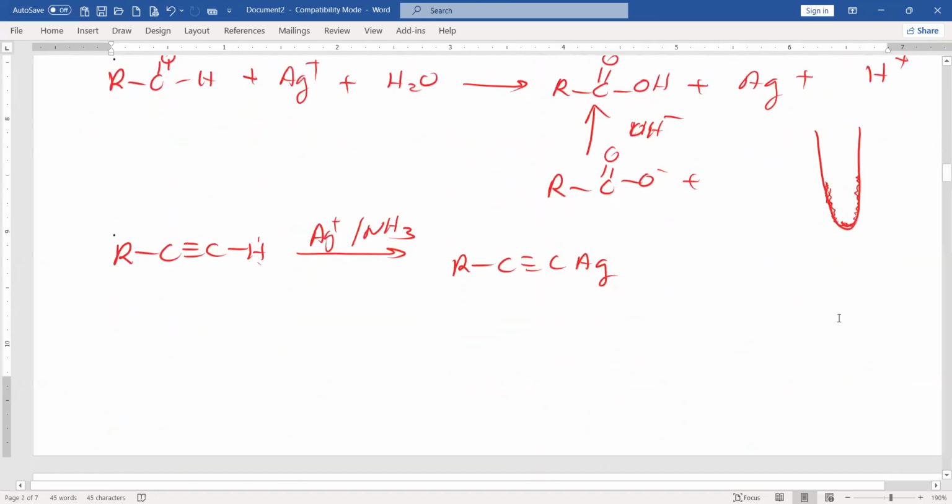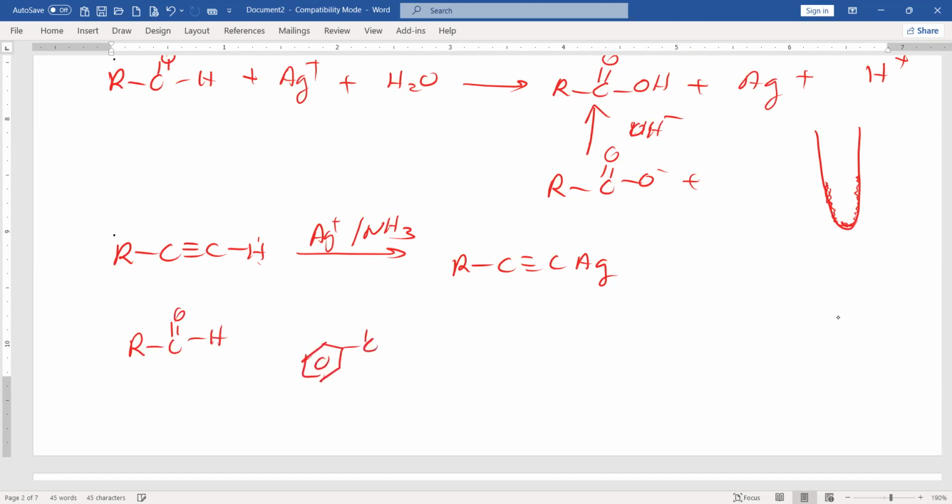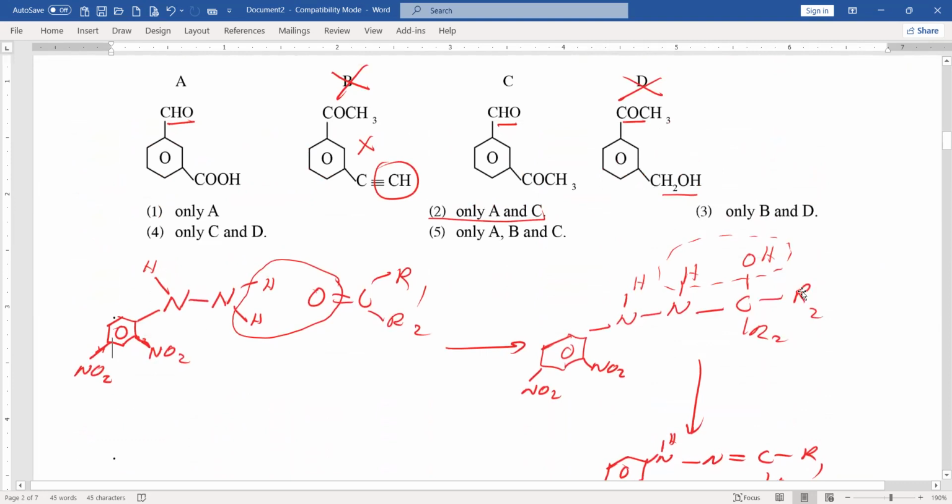And the other thing you need to know is that the silver mirror test answers only for aliphatic aldehydes, not for both aliphatic and aromatic. Aliphatic means RCHO. Aromatic means something like this, where the aldehyde group is directly attached to the benzene ring. But with another reagent, we have another test for this aldehyde.